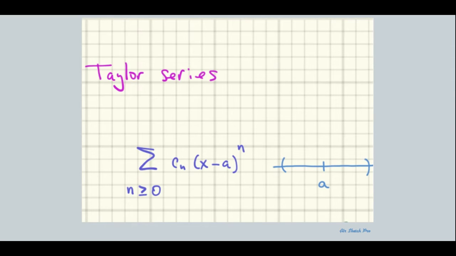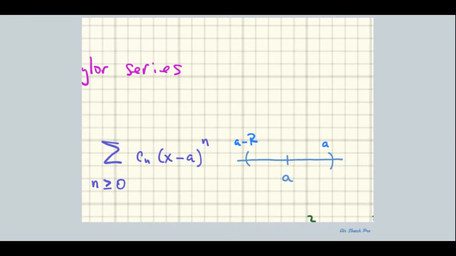What that often gives us is an interval of convergence centered around a, characterized by a radius. So it's generally running from some value a minus r to a value a plus r, representing a radius of convergence r for our interval of convergence I.